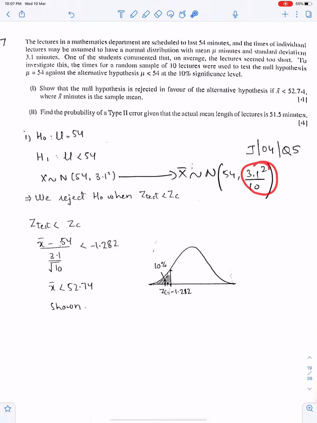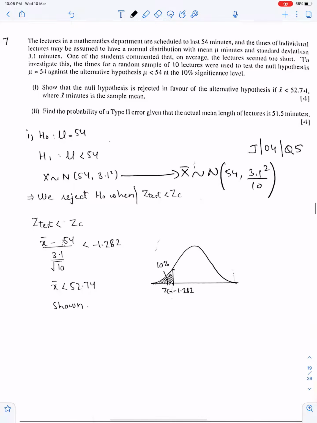So you just need to write under root of this here. And we have shown this. We are not interested in type 2 error in this lecture. This thing is very important. We reject H naught when Z test lies in critical region. With the help of this thing, you can easily show the answer. Show this requirement.